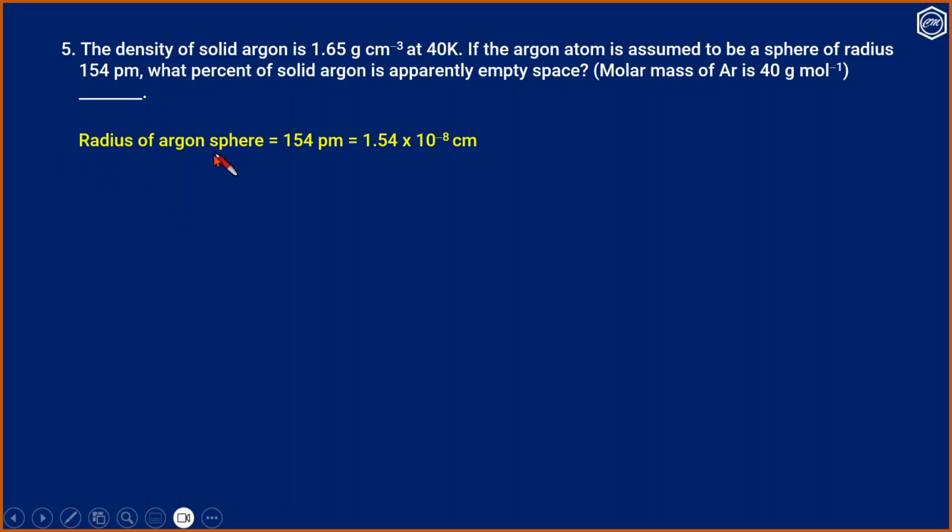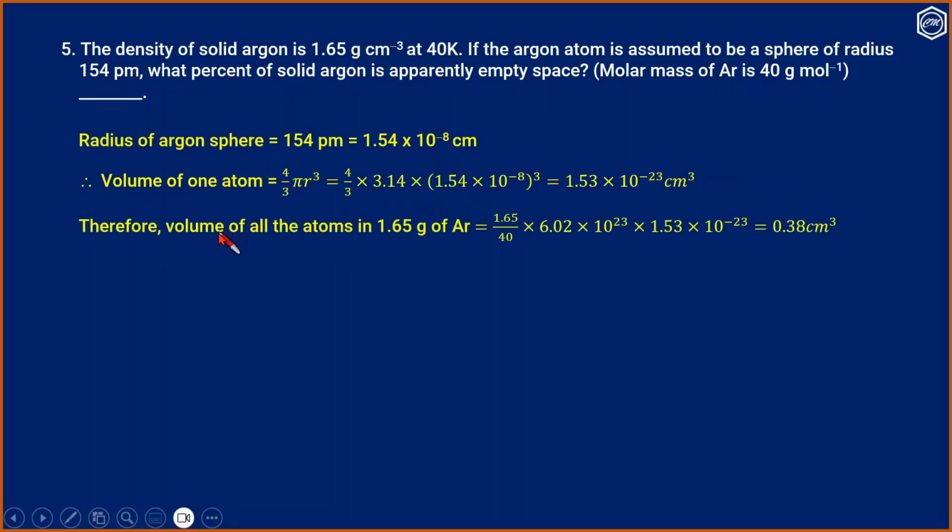Radius of argon sphere is given, and that is 154 picometer, 1.54 into 10 raised to minus 8 centimeter. Therefore, volume of one argon atom is 4 by 3 pi r cube. 4 by 3 into 3.14, 1.54 into 10 raised to minus 8 the whole cube. And that is 1.53 into 10 raised to minus 23 centimeter cube.